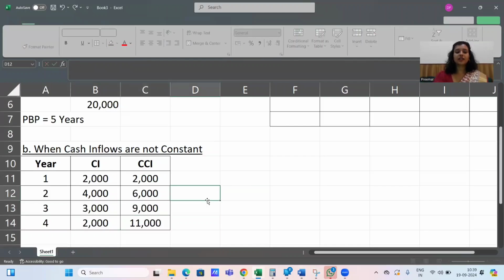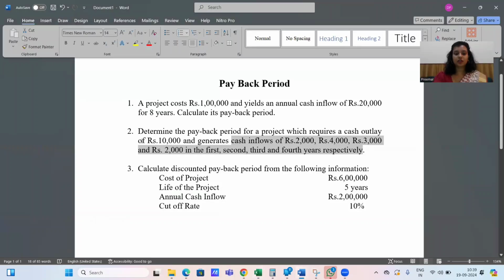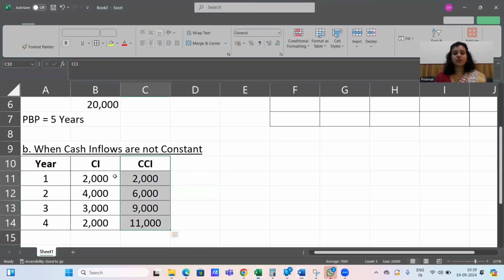Now, once you've calculated the cumulative cash inflows, you'll have to find out where the initial investment lies in the CCI, that is, the cumulative cash inflow column. Now, our initial investment is given over here. It is rupees 10,000. So this 10,000 lies between the third and fourth year, right?